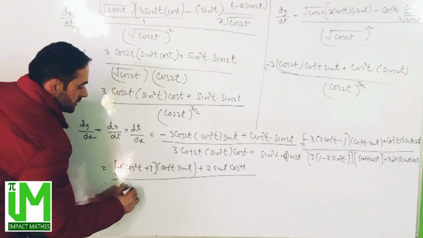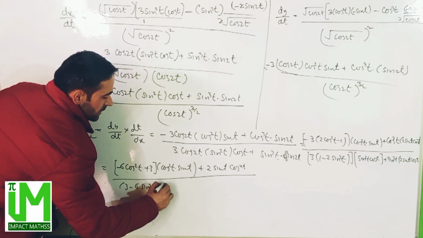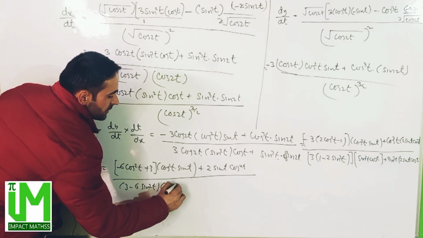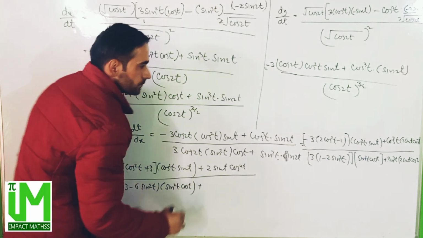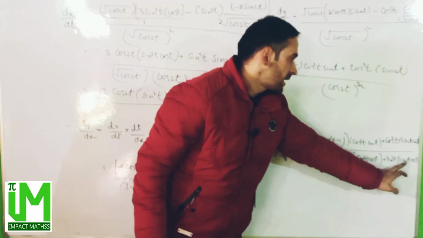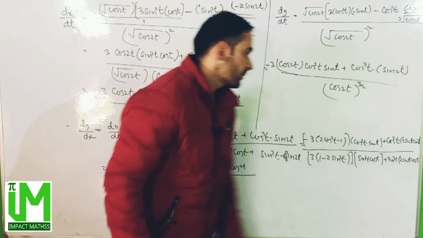So this will be 3 minus 6 sin square t into sin square t into cos t, plus twice sin t into sin cube t, so it will be sin 4t cos t.